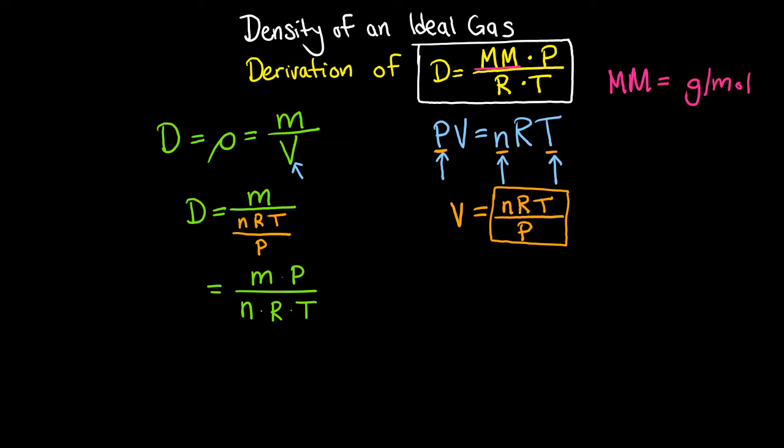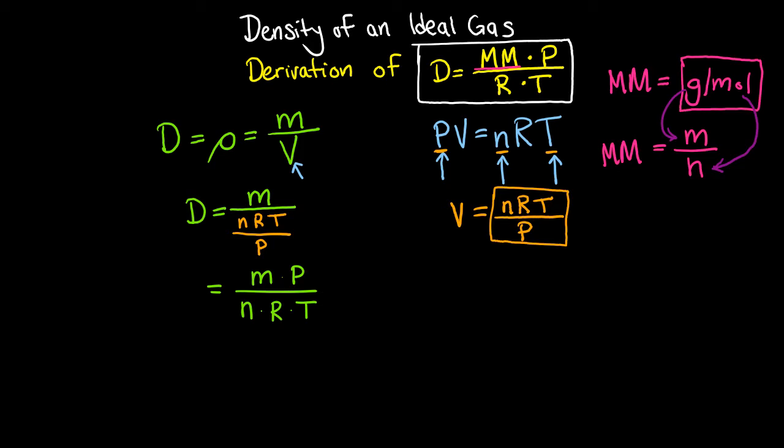But if you remember what the molar mass of something is, let's rewrite an equation for molar mass in terms of the letters that we are seeing on the screen right now. The molar mass of something is the mass that it takes up divided by the number of moles. The letters do correspond: grams is the mass unit, and moles is the moles unit.